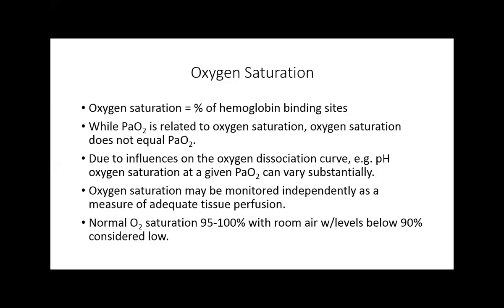It's basically a laser that looks at the relative absorption in the red versus the infrared region, which is the shift that occurs in hemoglobin absorption as a function of oxygenation. So it's a very simple optical measurement that can be done.